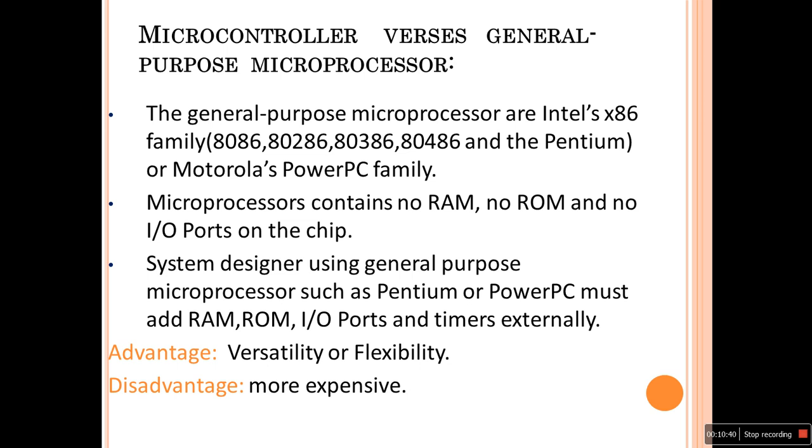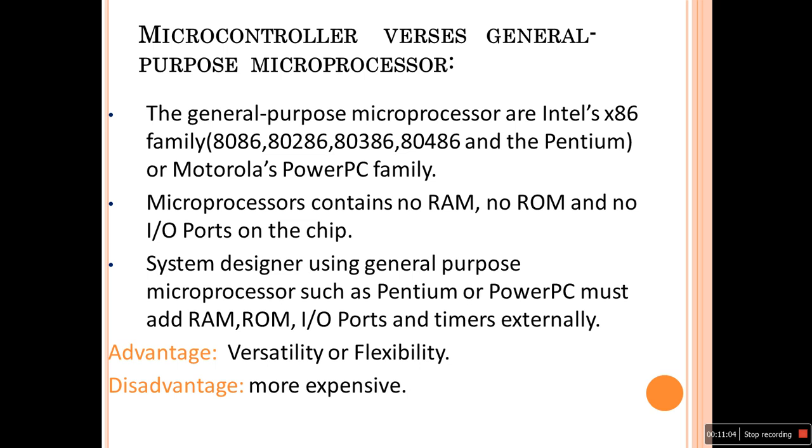Okay, we see microcontroller versus general purpose microprocessors. Intel has introduced the microprocessor. It's called Intel's x86 family. We start with 8086, 286, 386, 486, and then Pentium, and so on. Or Motorola had the PowerPC family.